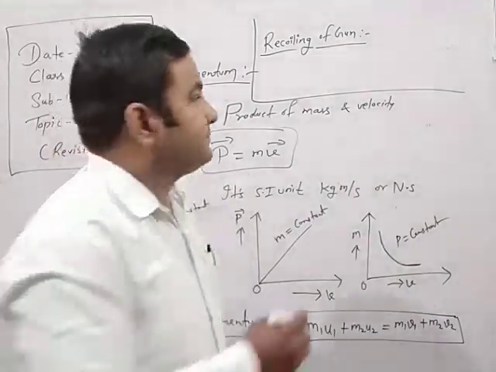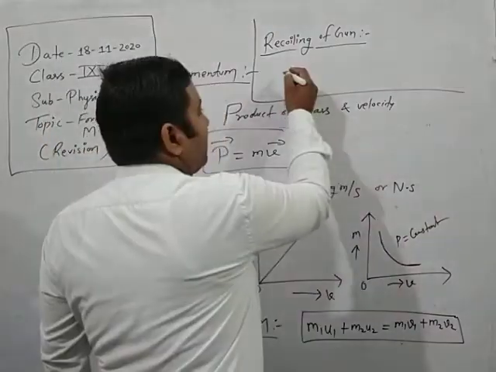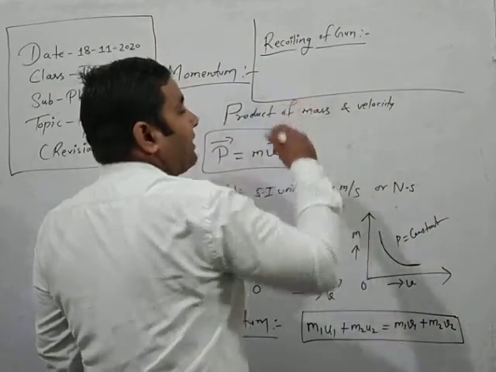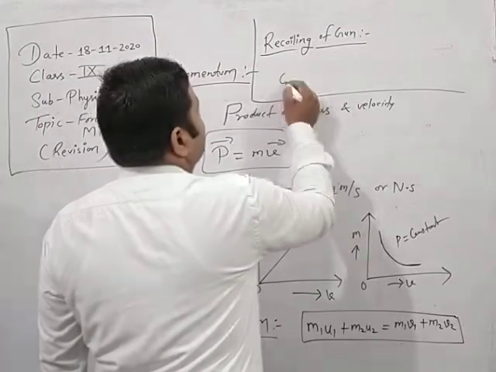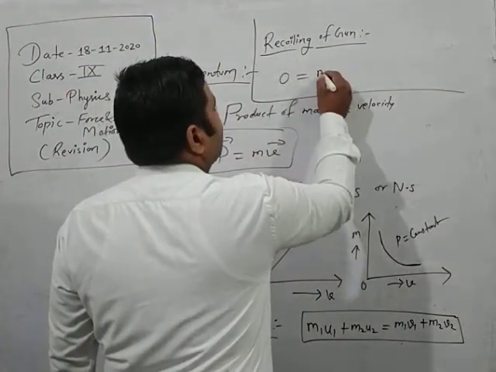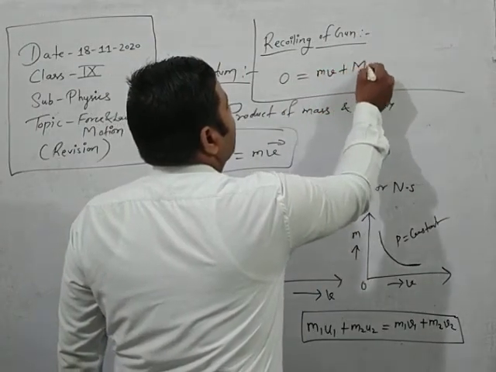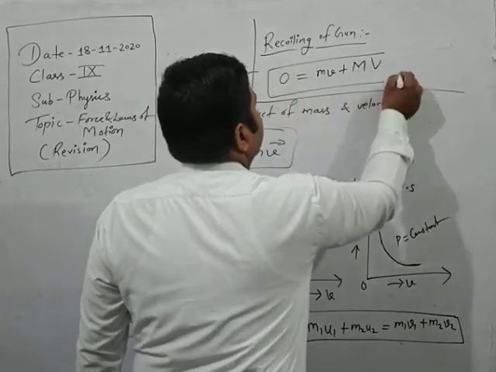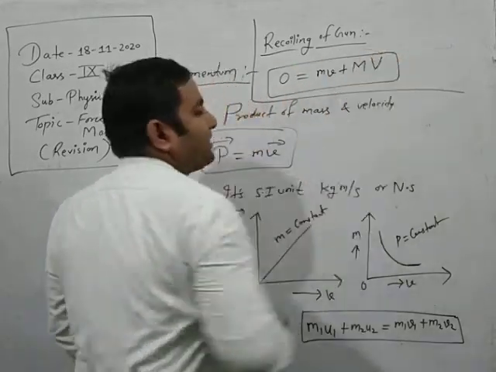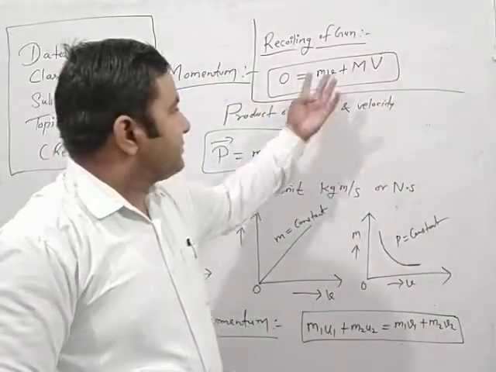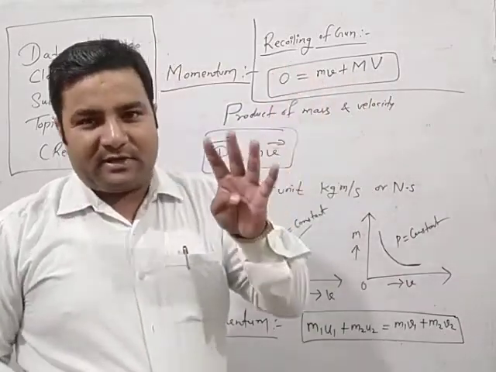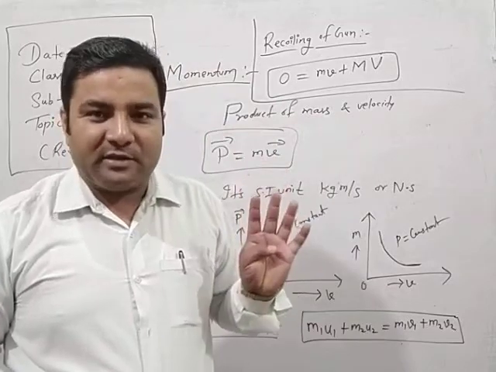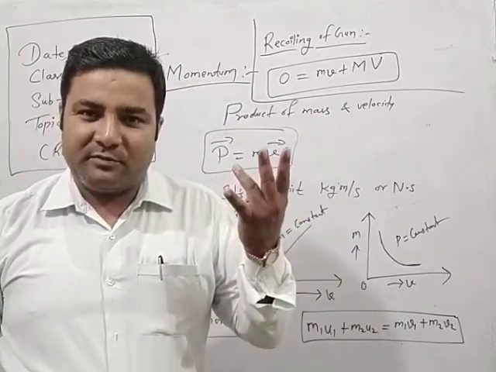Before firing the total momentum is 0, and after firing mv plus capital M capital V. This is the formula for recoiling of gun. Here are 4 terms: small m, small v, capital M, capital V. Out of 4 terms, always 3 terms will be given in your numerical, and with the help of 3 terms we can calculate the 4th.